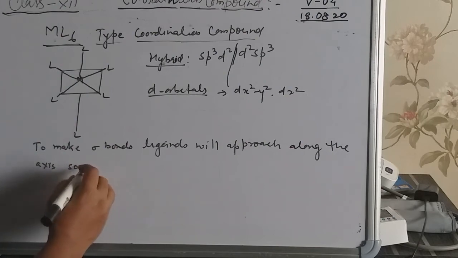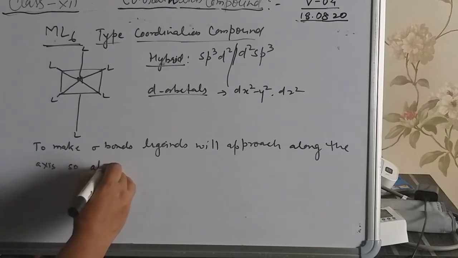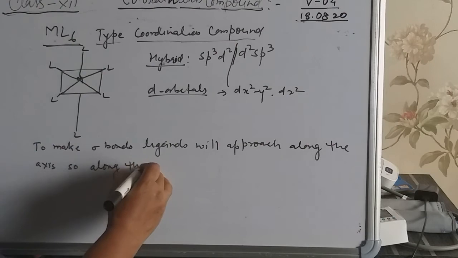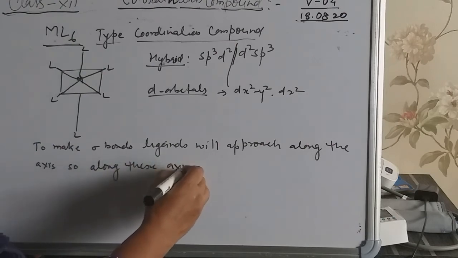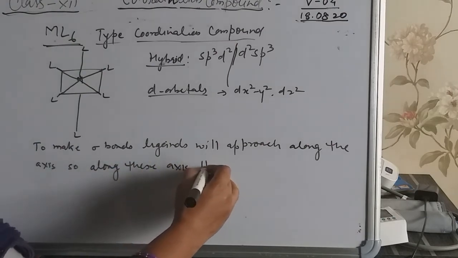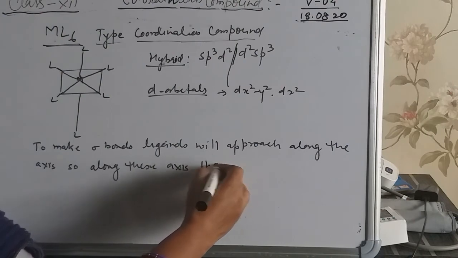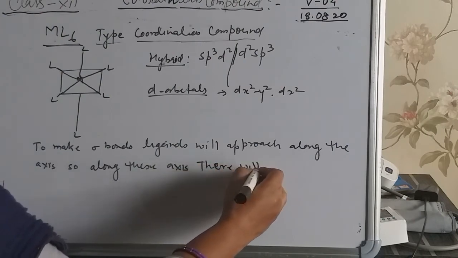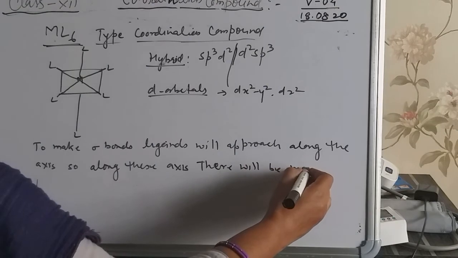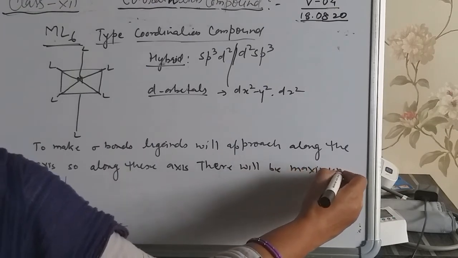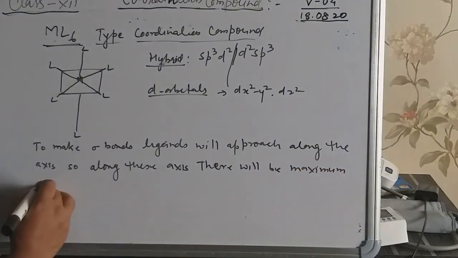So along this axis, there will be maximum repulsion.